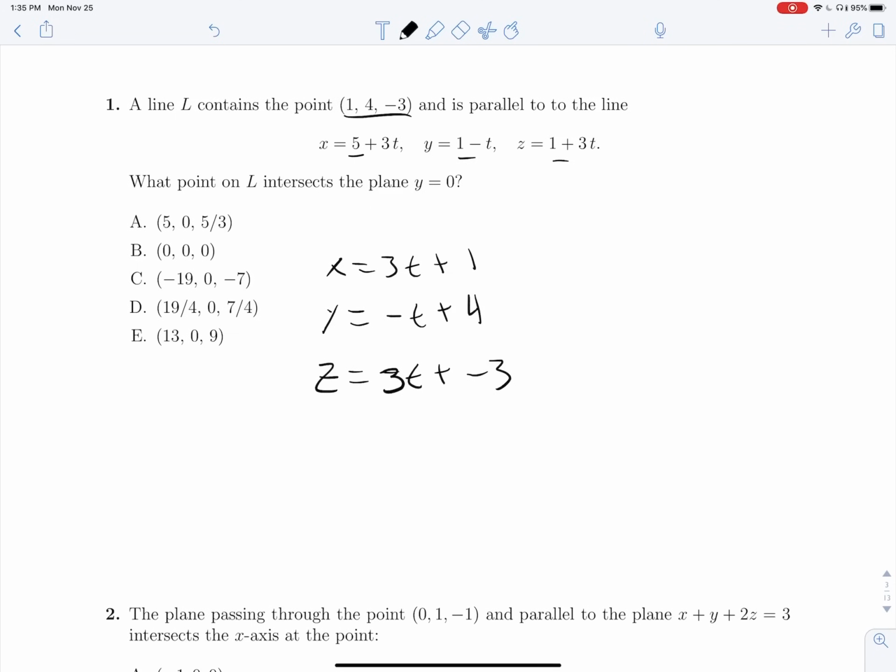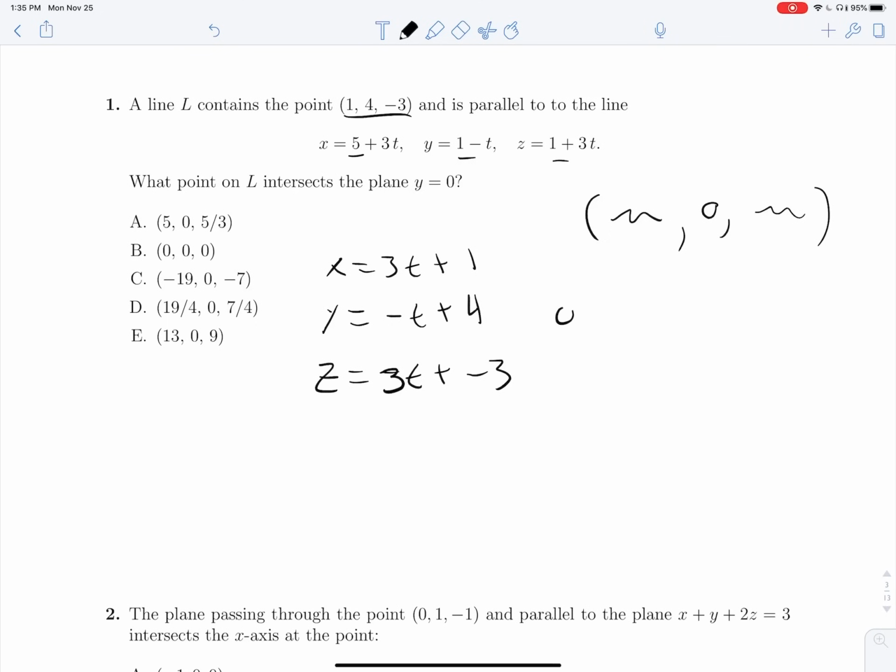Now we want to intersect the plane y equals 0, and in order to figure out what all of our points are, we know that it's going to be something in the form something, 0, and then something else, but we don't know what t value this exists for.